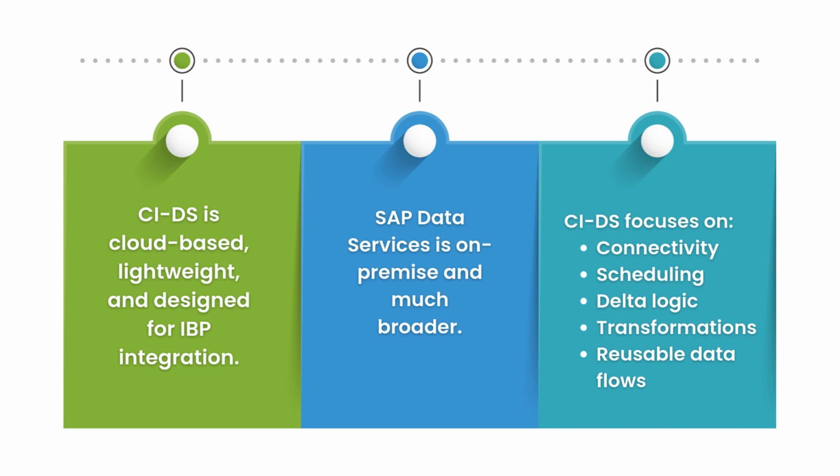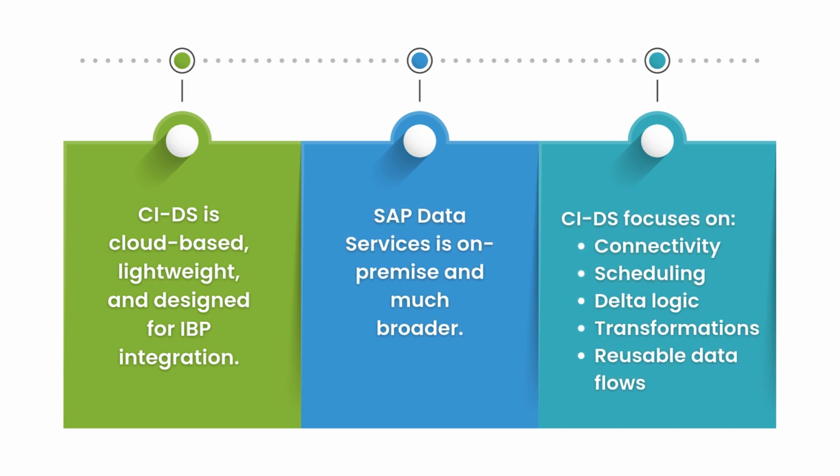Scheduling, 3. Delta logic, 4. Transformations, 5. Reusable data flows. Does that help clarify? Understood. So CIDS is best for batch loads, daily loads, master data, transactional data like stock, planned orders, etc., right? Exactly right. You've got it.